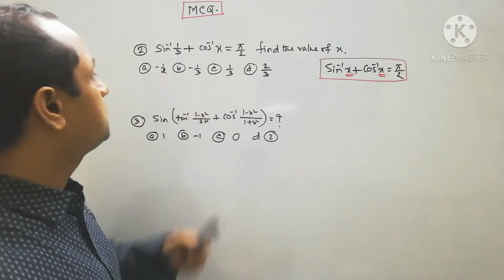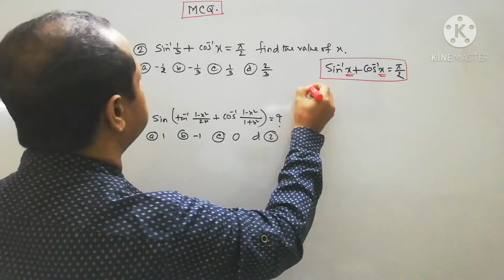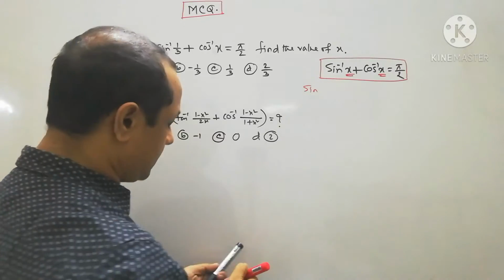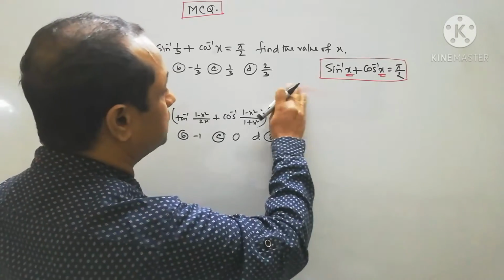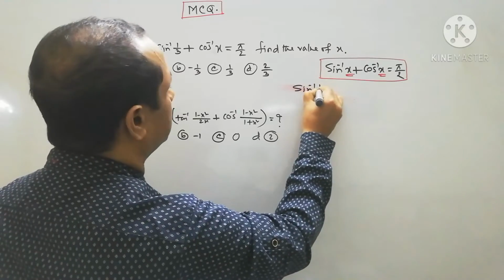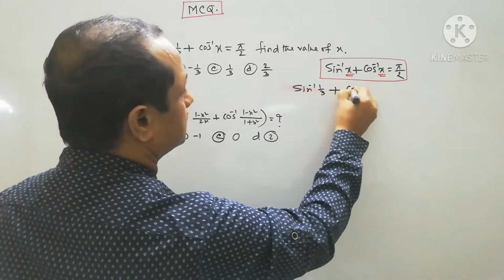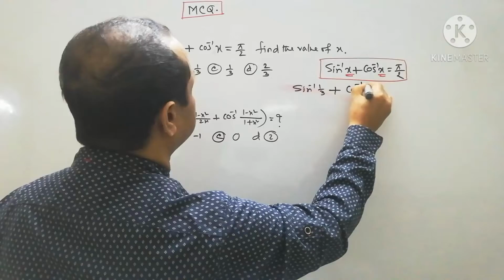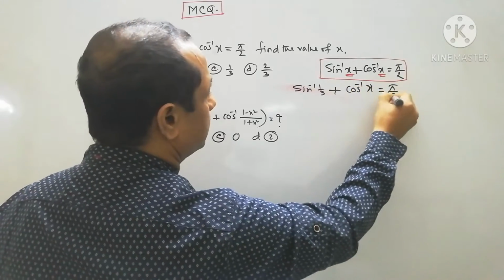So according to the question, students, look at the board, attention please: sin inverse 1/3 plus cos inverse x equals pi by 2.